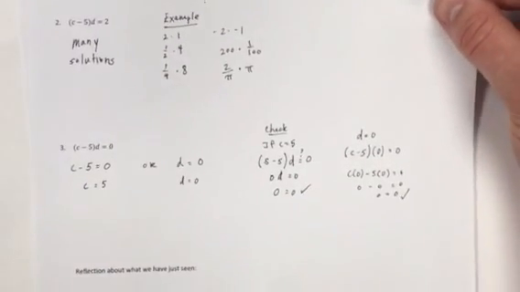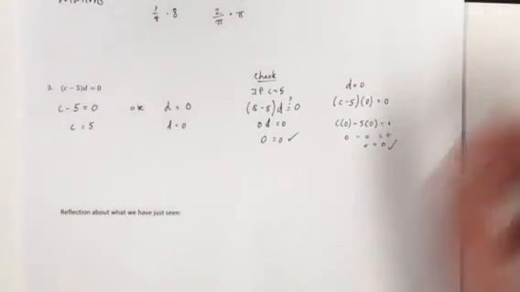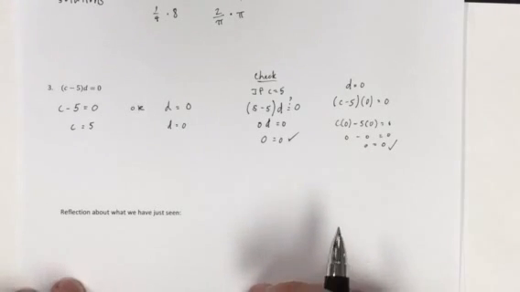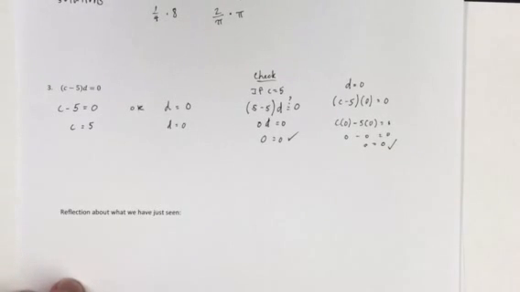So here's a moment to reflect about what we have just seen. I suggest pausing, giving yourself a chance to write and think about what you've just seen in the role of 0 in factoring.